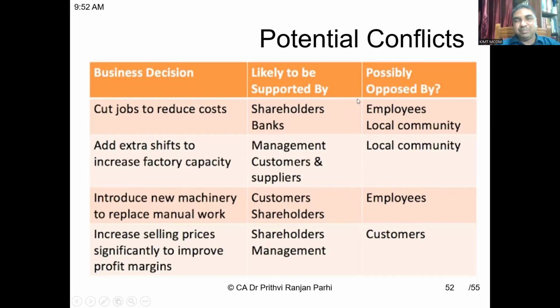So you see, these are the potential areas of conflict. Whenever a business decision is taken, there are some stakeholders who will be supporting it. Some stakeholders will be opposing. That is called the conflict. So this has to be addressed through financial management, so that every stakeholder should be reasonably happy.